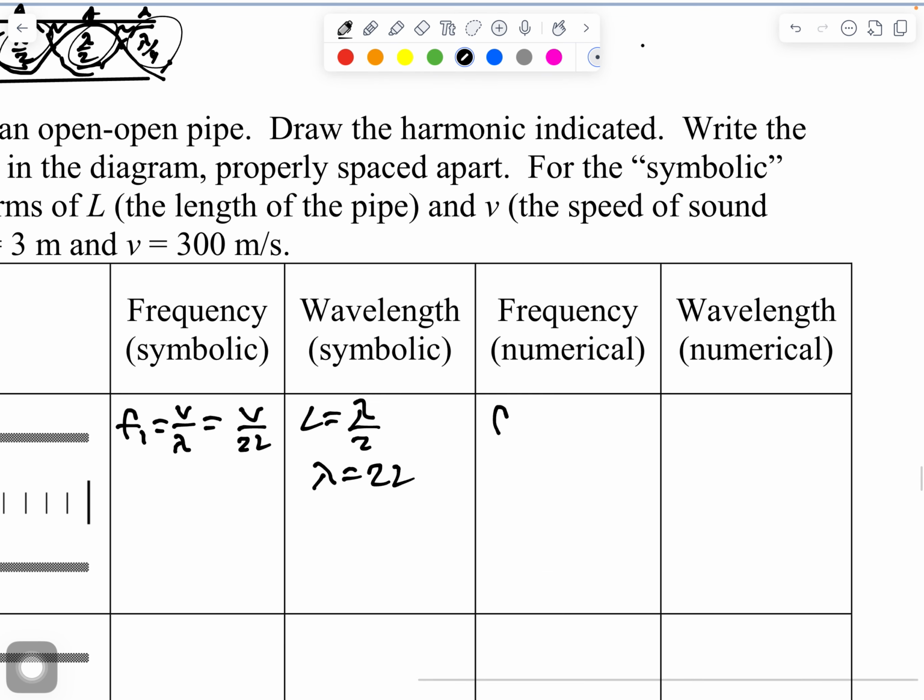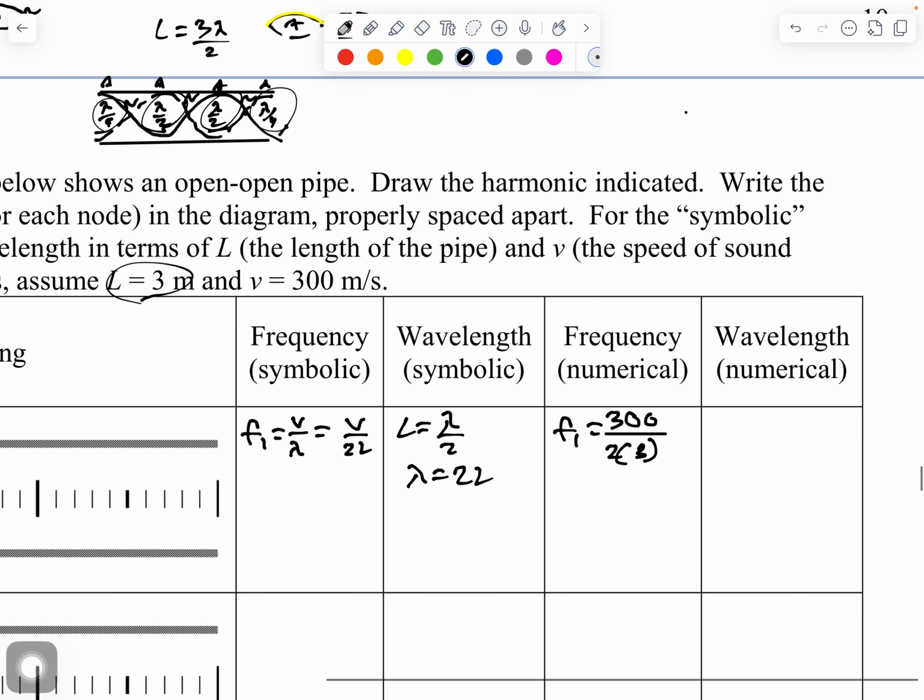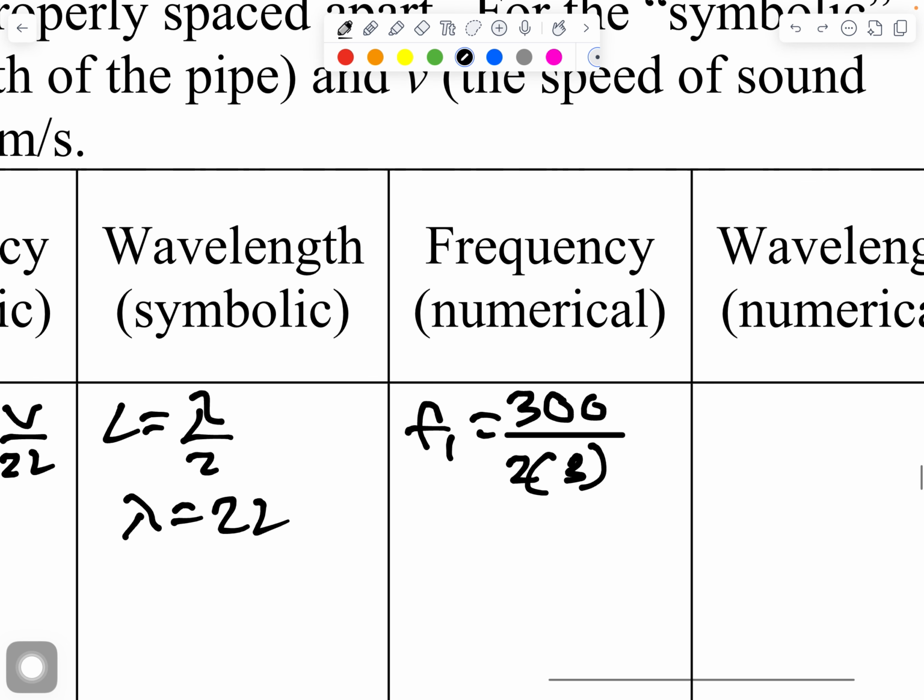Okay, this would be 300 over 2 times 3, because the length is 3. This will be doable to evaluate. So 3 goes into 300 100 times, and then 100 divided by 2 is 50. So F1 should be 50.